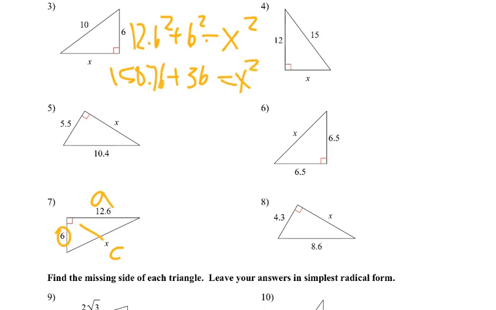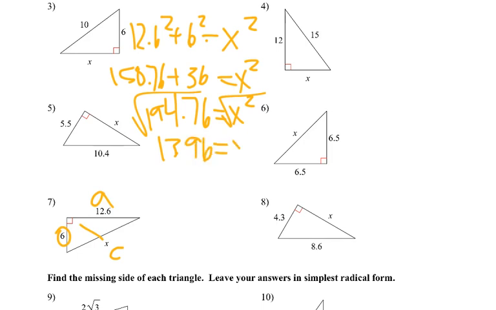Add 36 to that. That gives me 194.76 equals x squared. Take the square root. We get about 13.96 for our x for number 7. So hopefully you can see it's a pretty straightforward process here to get this figured out.